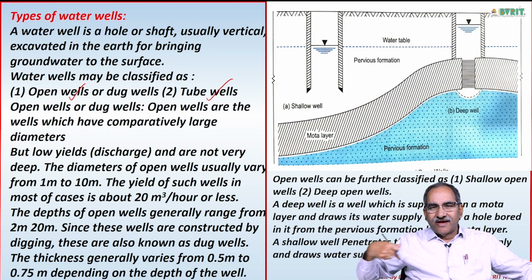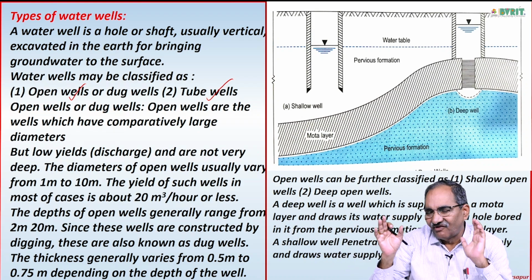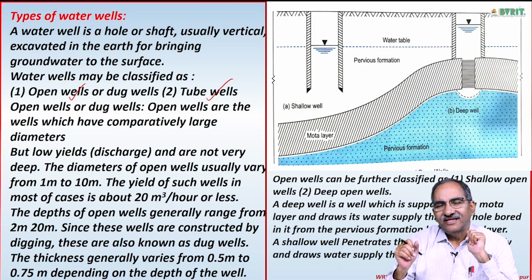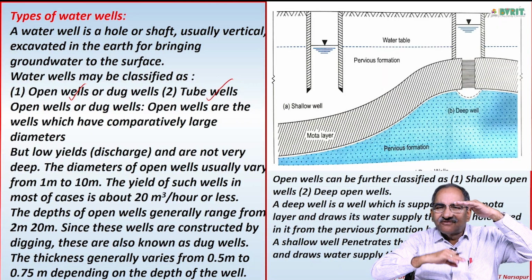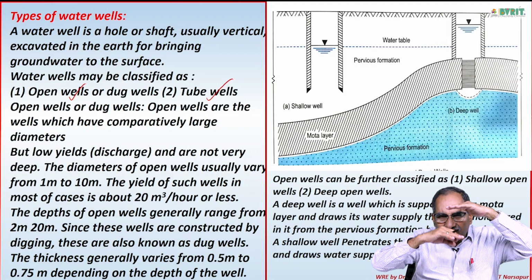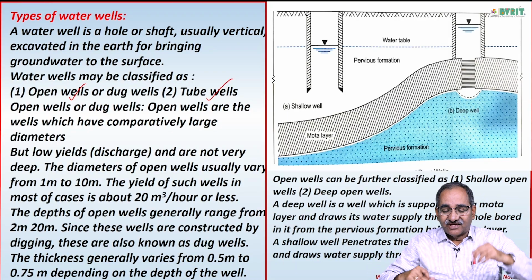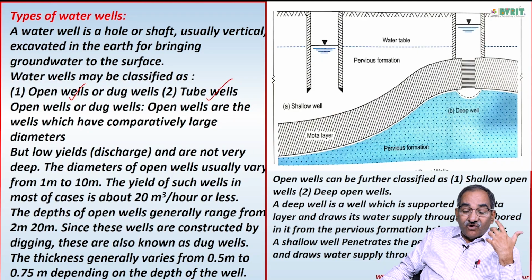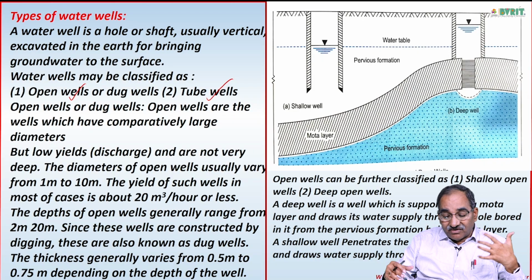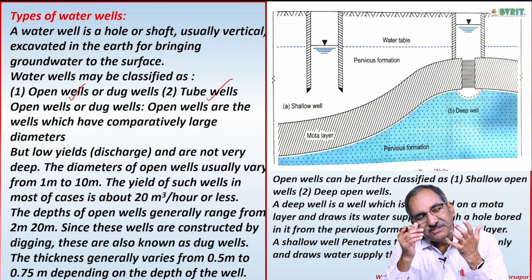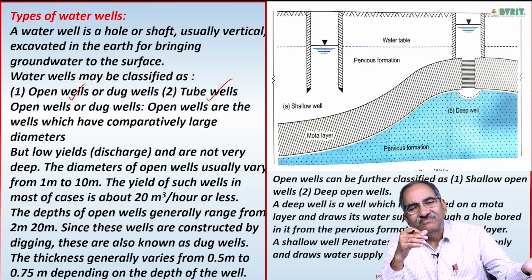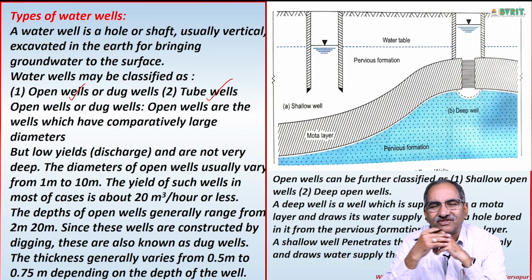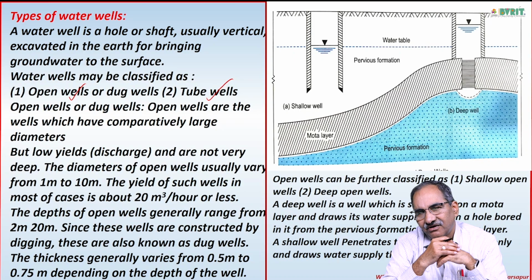Second, an open well cannot extract water from very deep; it extracts water only from restricted levels. The depth is generally 10 feet to 40 or 50 feet at maximum for open wells.